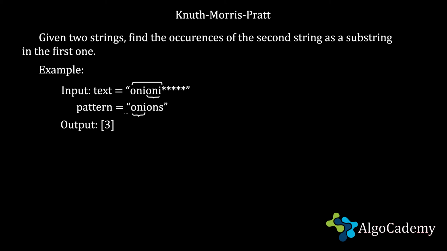What we are going to do next is check if the substring that starts here is indeed equal to the pattern string. We know, of course, that the first 3 characters are equal to the first 3 characters in the pattern string, but we need to check the next ones. So I'm going to start from this character and compare it to this character.